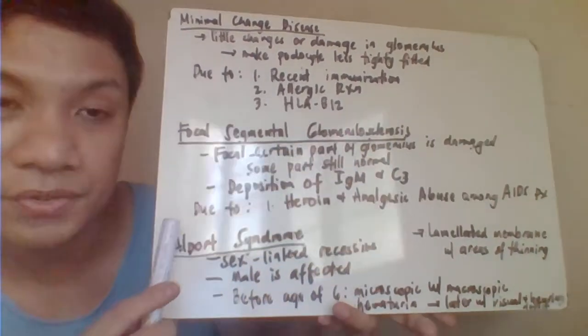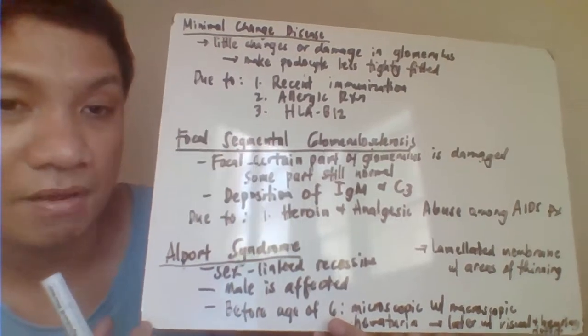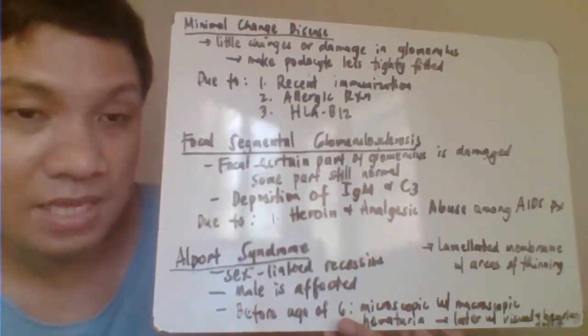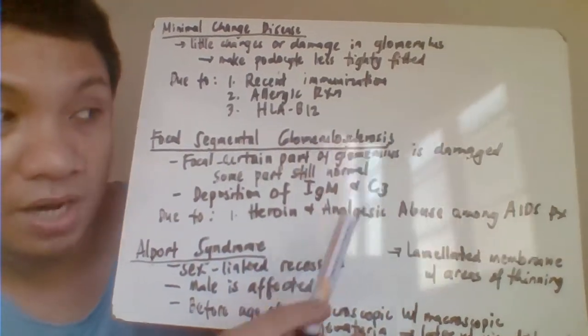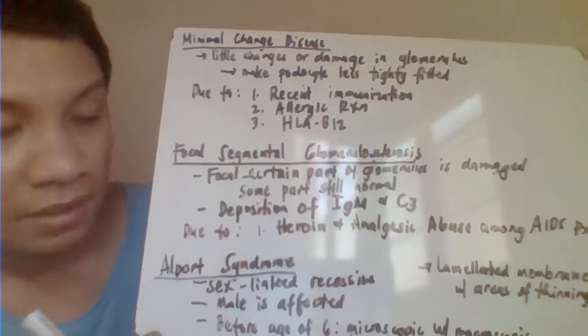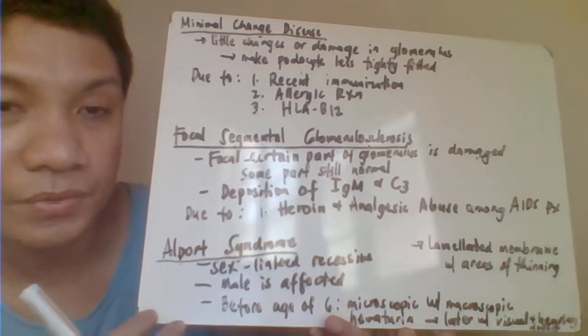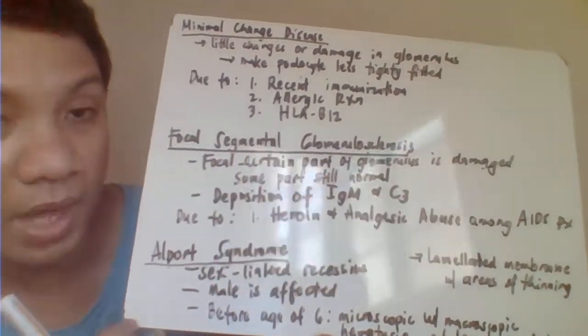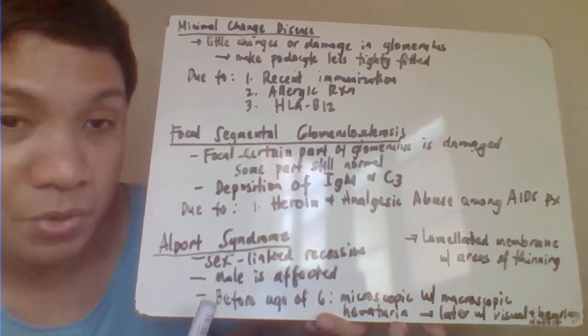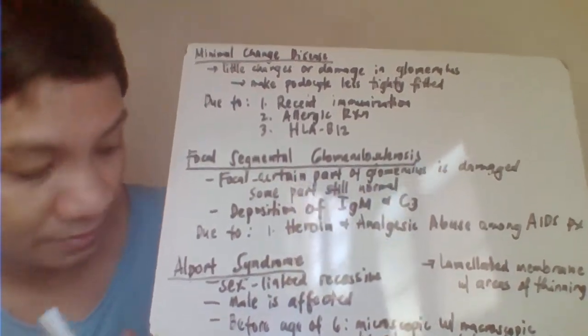Okay, so this is also accompanied here by damage because of deposition of IgM antibody or immunoglobulin plus your C3, which is your complement component. Okay, focal segmental glomerulosclerosis is also being associated here with analgesic and heroin abuse among AIDS patients.